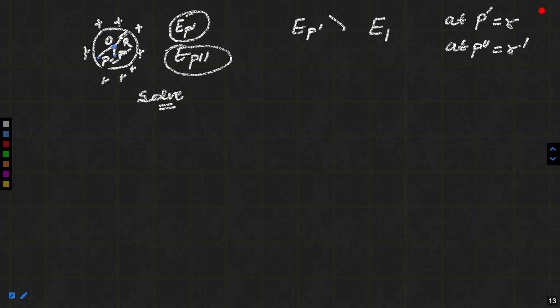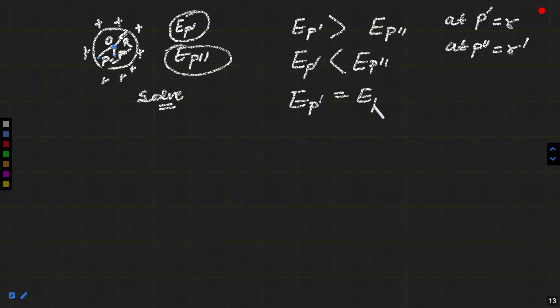So which one is correct? E P prime is greater than E P double prime, E P prime is less than E P double prime, or E P prime is equal to E P double prime. Which one is correct?